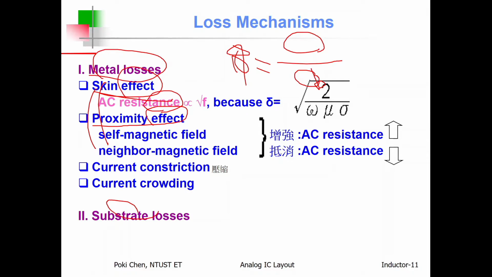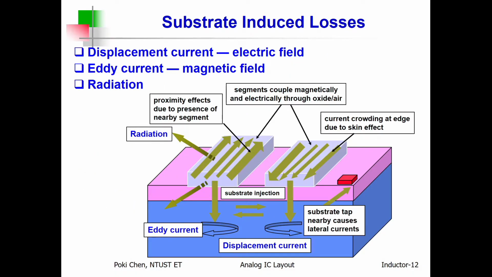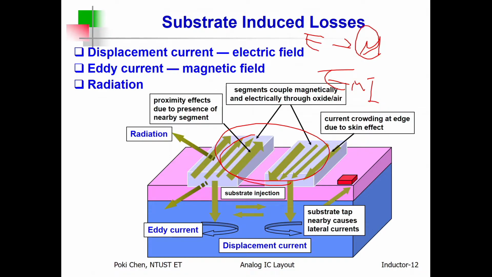Why do we have such kind of substrate losses? Simply because for such kind of spiral inductor, according to electromagnetic induction or Lenz's law, 冷次定律, the variation of electric field will induce some kind of magnetic field, and also the variation of the magnetic field will in turn induce some kind of electrical field.